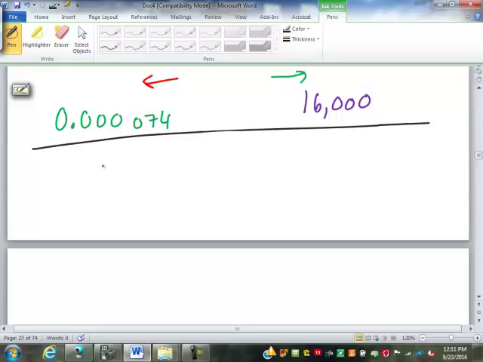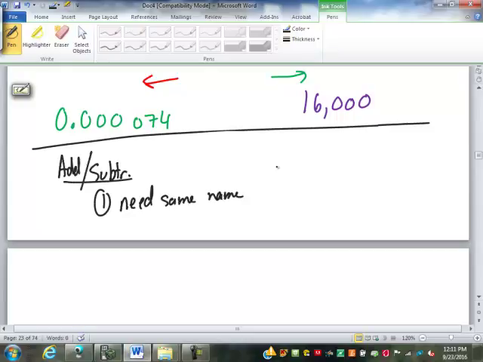So anyway, let's take addition and subtraction again. Remember our rules for addition and subtraction. First rule, 1, is you need the same name. Well, the same name in numbers comes right down to the place value. You can only combine digits that have the same place value.